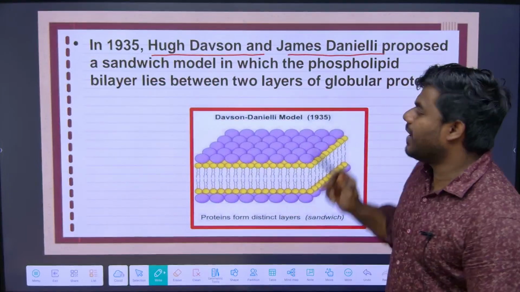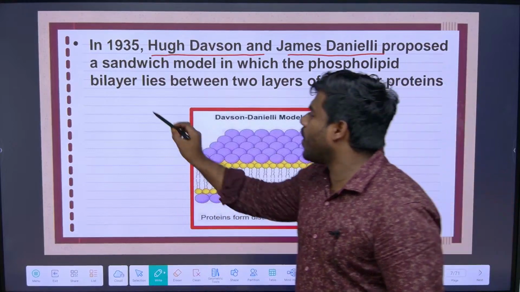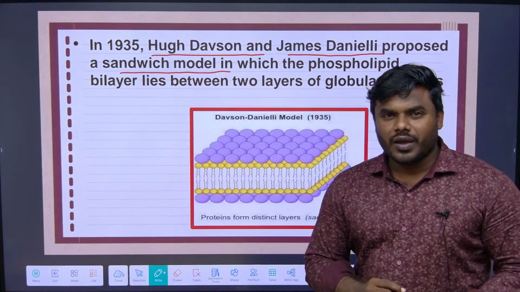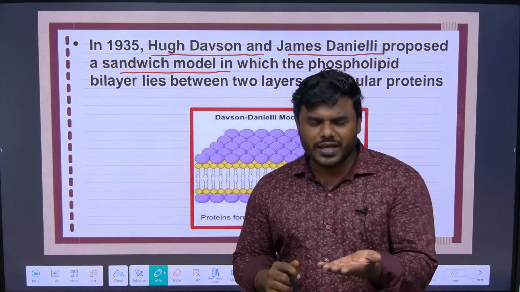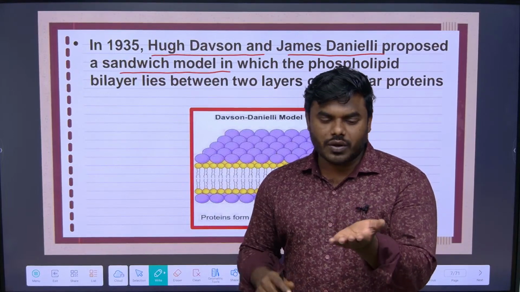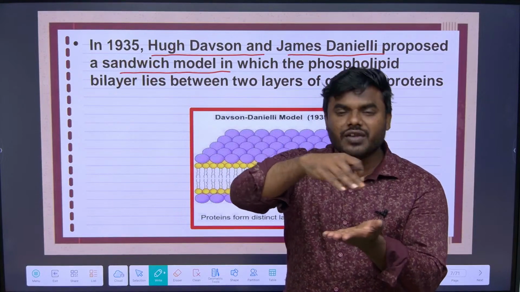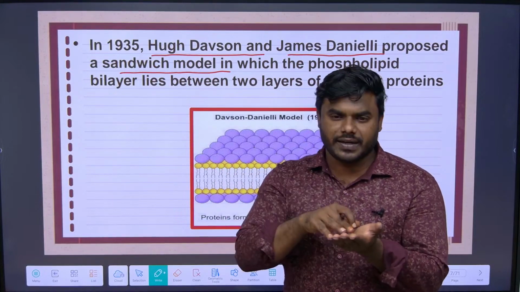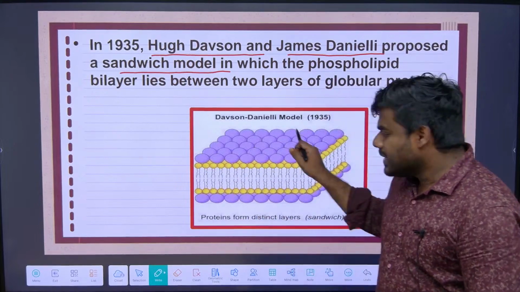Then after Gorter and Grendel, everyone remember, in the year 1935, Davson and Danielli proposed a model called the sandwich model. You know what is the sandwich model? If everyone quickly recalls, if I want to prepare a veg sandwich, how does it look? We keep two breads. In between the breads, we keep our veggies or meat. That is how the sandwich looks. Same thing.